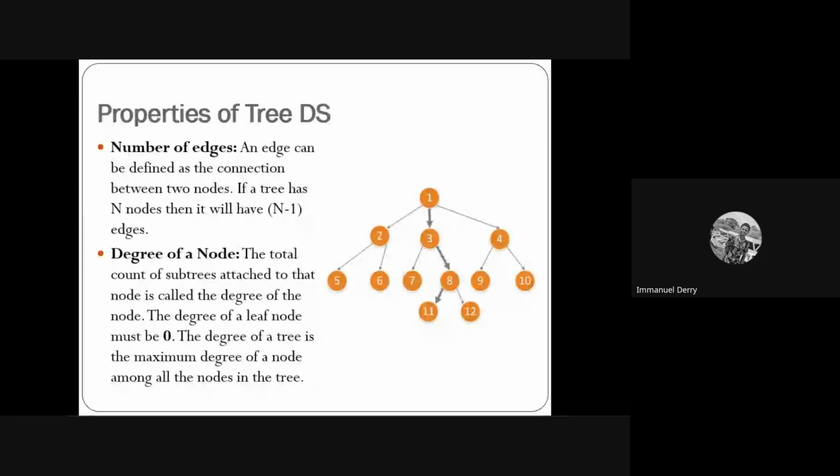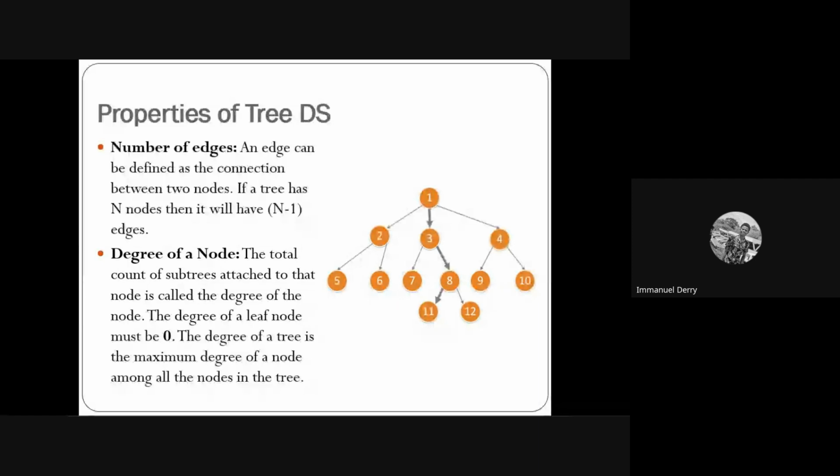Now let's talk about the degree of a node. The total count of subtrees attached to that node is called the degree of the node. Total number of subtrees attached to that node is called degree of a node.